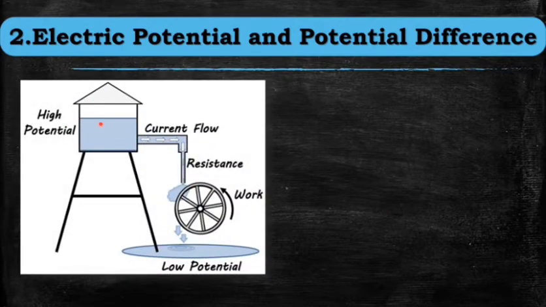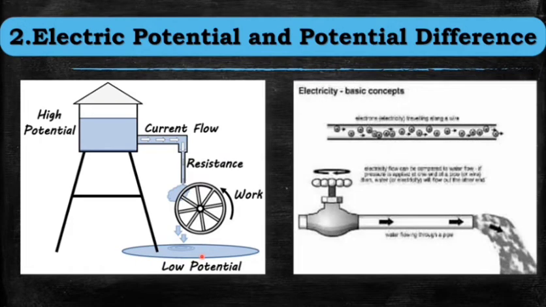In the upper tank we have some water, in the lower tank we have none. If we turn on the tap over here, the water will start automatically to flow from the higher altitude to the lower altitude. In a similar way, we have to think of this water as an electron or a charge which will be flowing from higher potential to the lower potential.